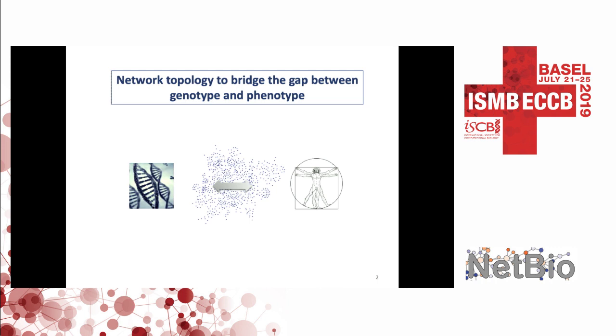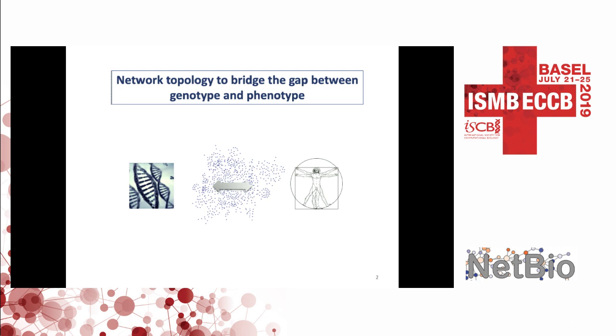Nodes in the network play particular functions and are important for biological processes, and how they are located in these networks, and I'm in particular focused on protein interaction networks, is related to how evolution constrained their function. So in this context, it's interesting to study the rates of genomic variation and how it relates to network topology to help bridge the gap between genotype and phenotype.